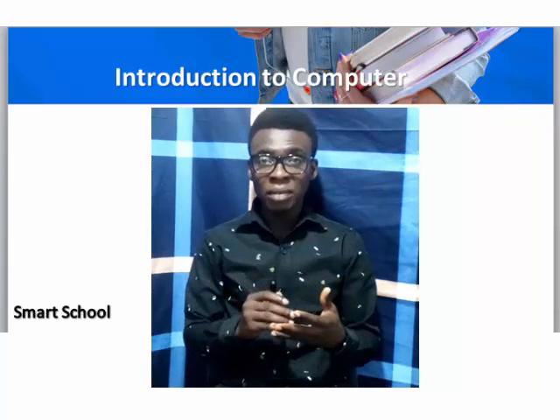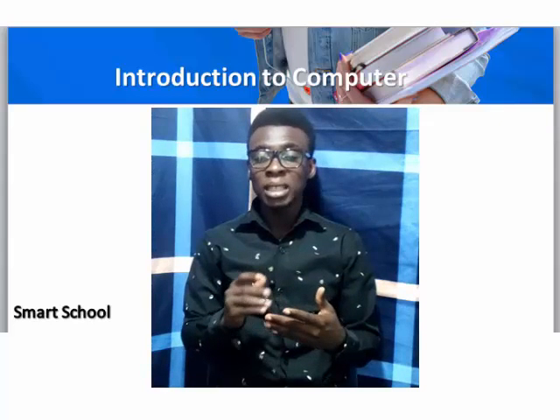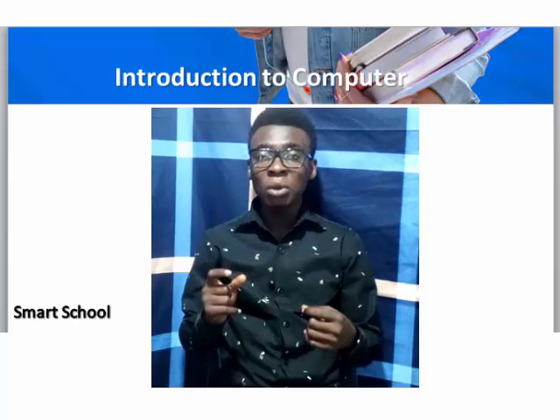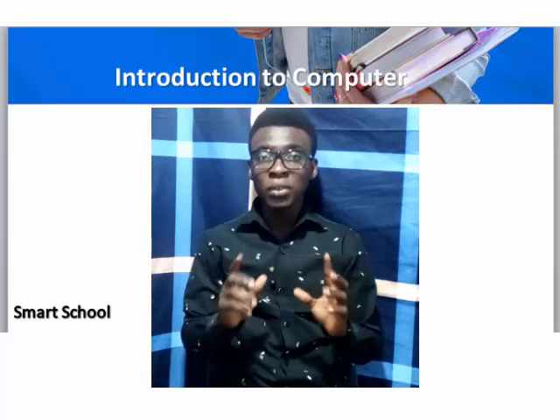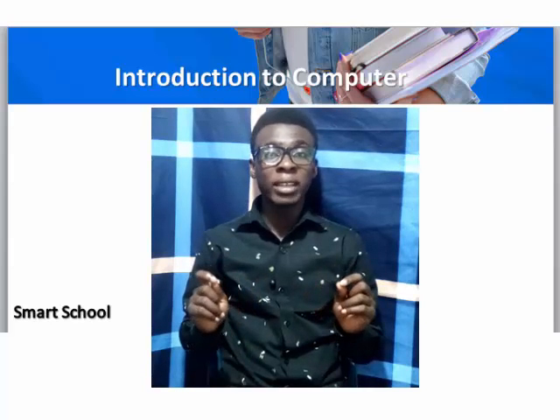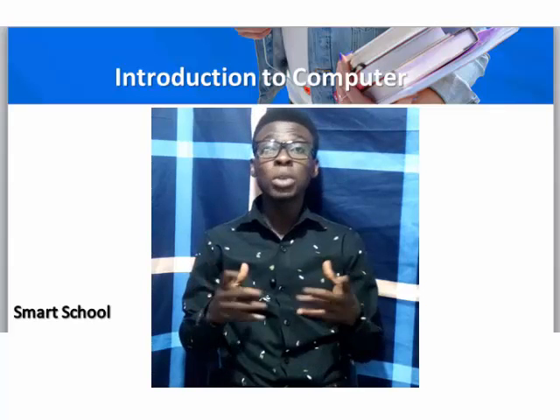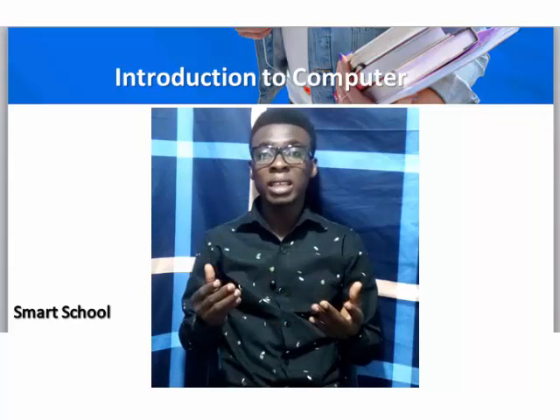So let me repeat the definition. A computer is an electronic device that accepts data as input, it processes data, and brings out useful information as output. First of all, the computer is an electronic device.